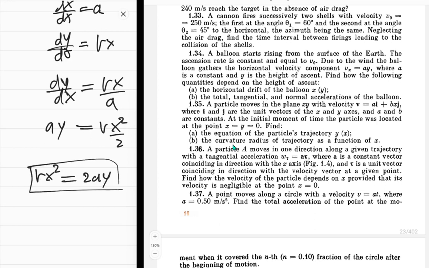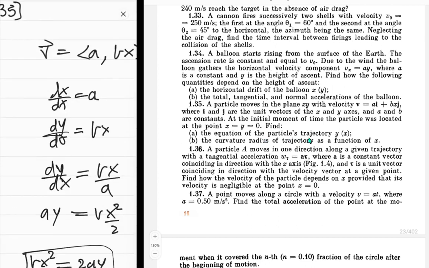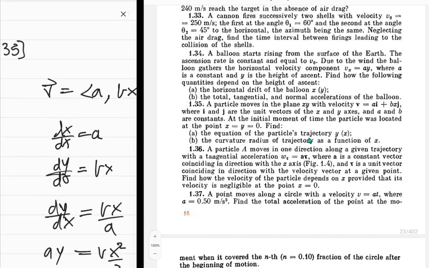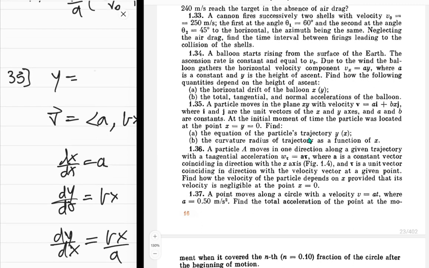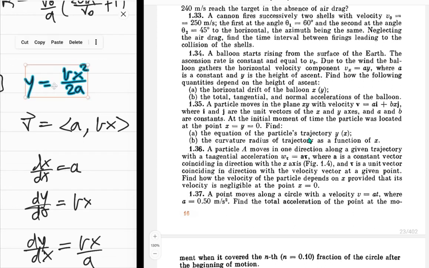That is the equation of the particle's trajectory. Done. You can just write y is equal to bx squared upon 2a. That's part A, right?